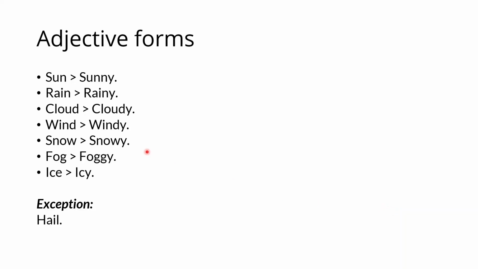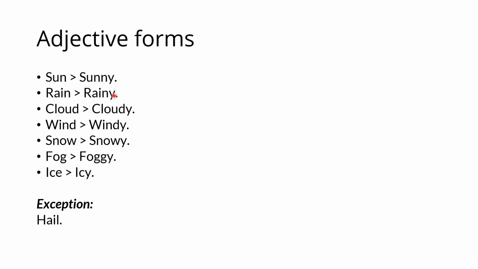So let's take a look at the adjective forms of the nouns. So sun becomes sunny, rain becomes rainy, cloud becomes cloudy, wind becomes windy, snow becomes snowy, fog becomes foggy, and ice becomes icy.